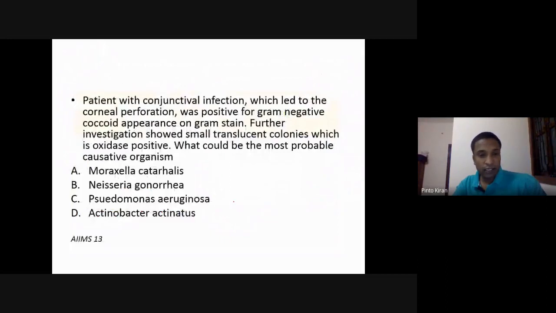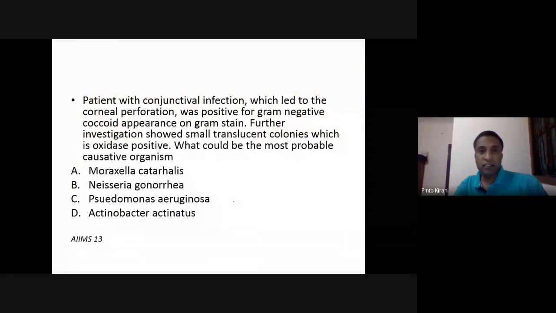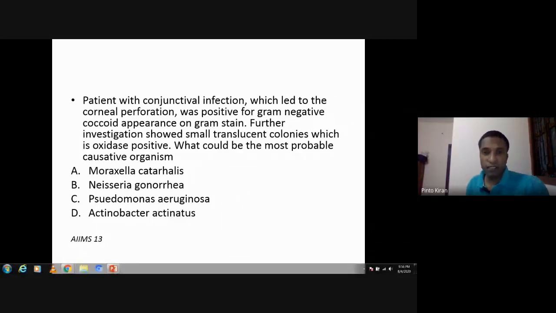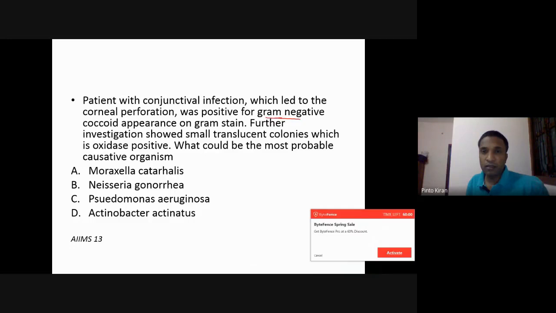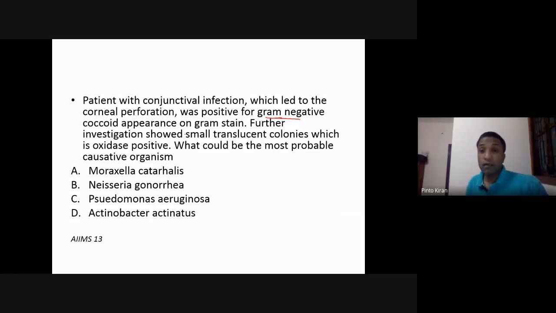This question was asked in AIIMS 2013. A patient with conjunctival infection which led to corneal perforation was positive for gram-negative cocci appearance on the gram stain.